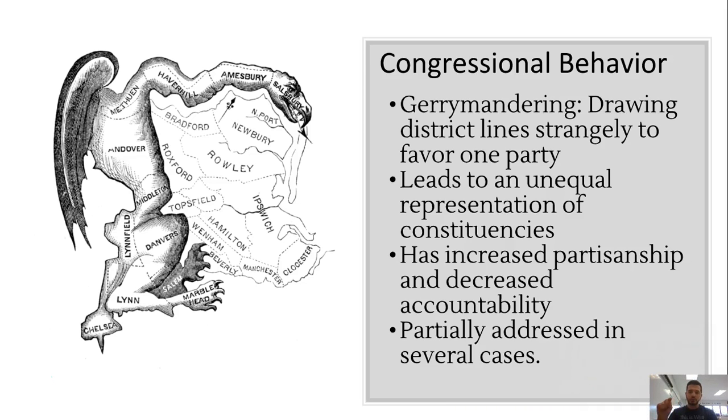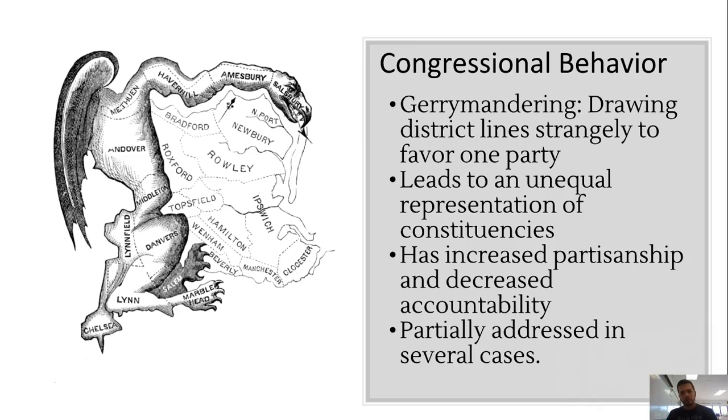I'll show you what that looks like in just a second. It's going to increase partisanship and also decrease accountability. Most people who represent districts are going to be in firm majorities, in districts where a majority of people are of the same party.